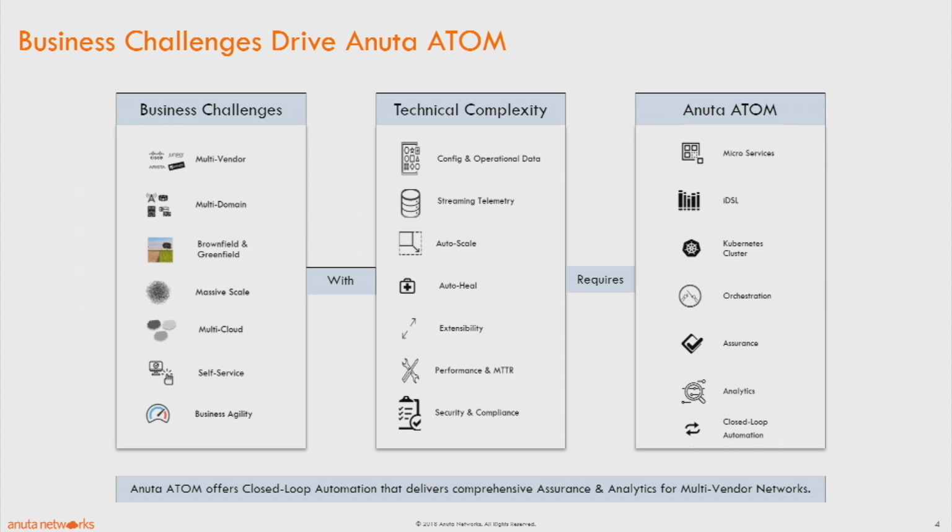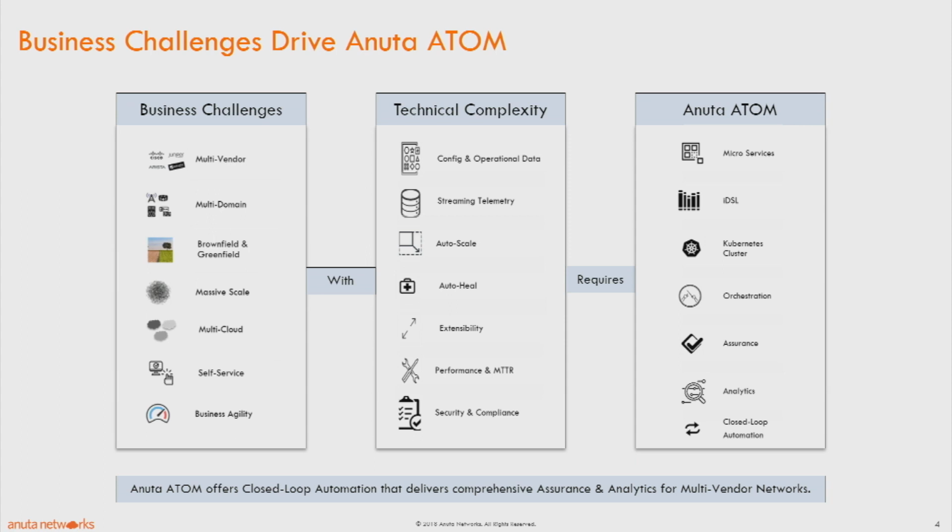Okay, and I talked about the business challenges: multi-vendor, multi-domain, brownfield, and massive scale. They are talking about 500,000 to 1 million devices for the large enterprises and service providers. And technical complexity: they have different data, config and operational data, and streaming telemetry. They also want auto heal and auto scale.